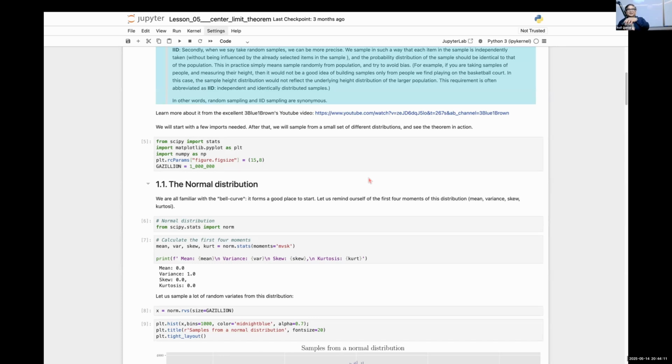You put them back, pick up from the jar again, and take another sample of 5 stones, and you keep doing it like that. So sampling with replacement and independent and identically distributed means make your best effort to be as fair, as close to the underlying population, or as representative of the population as possible.